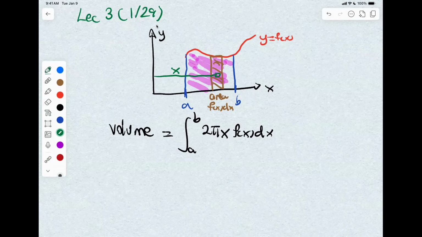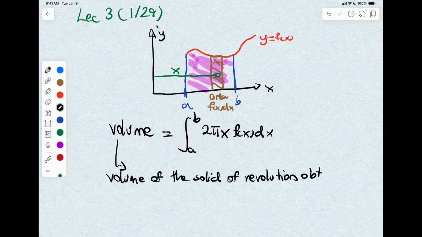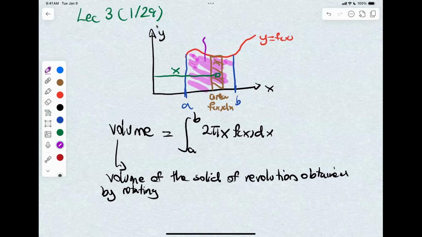So this corresponds to the volume of the solid of revolution obtained by rotating this region, I'll call it region R, with respect to the y-axis.